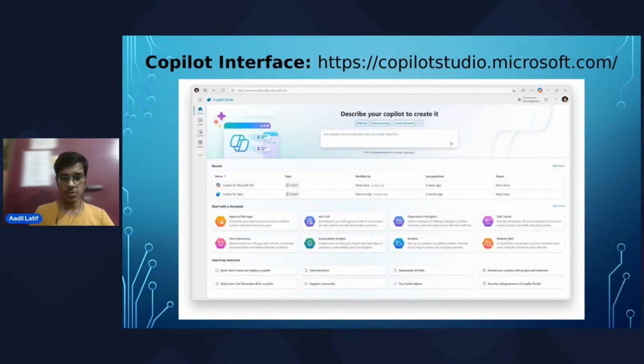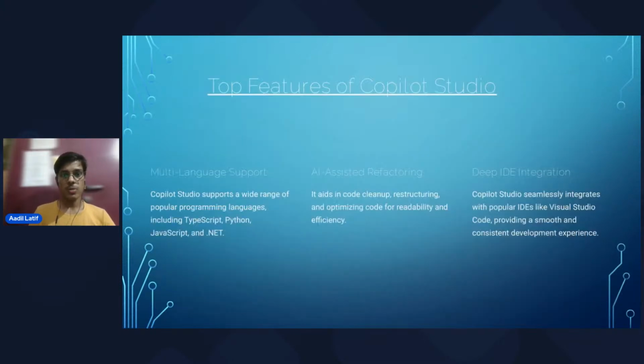So the next part is the top features of Copilot Studio. I am talking about only the three main features that Copilot Studio is providing. The first is multi-language support.